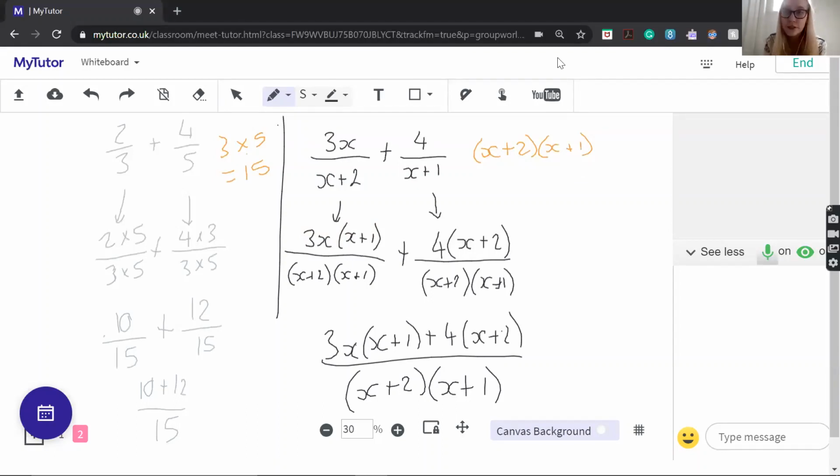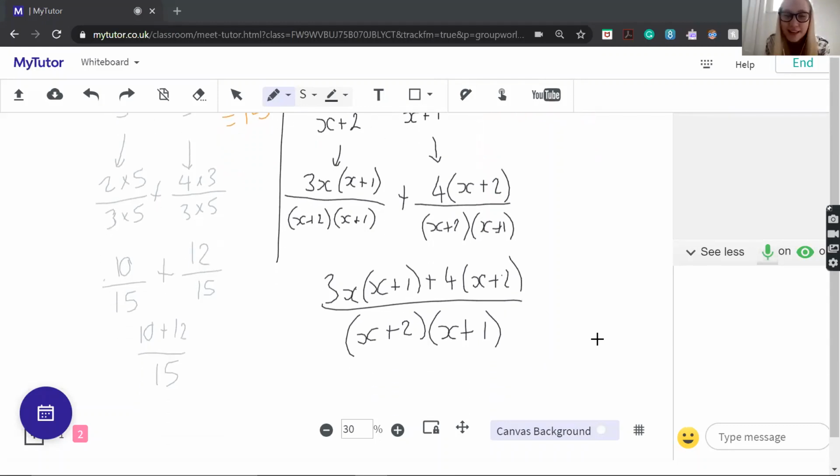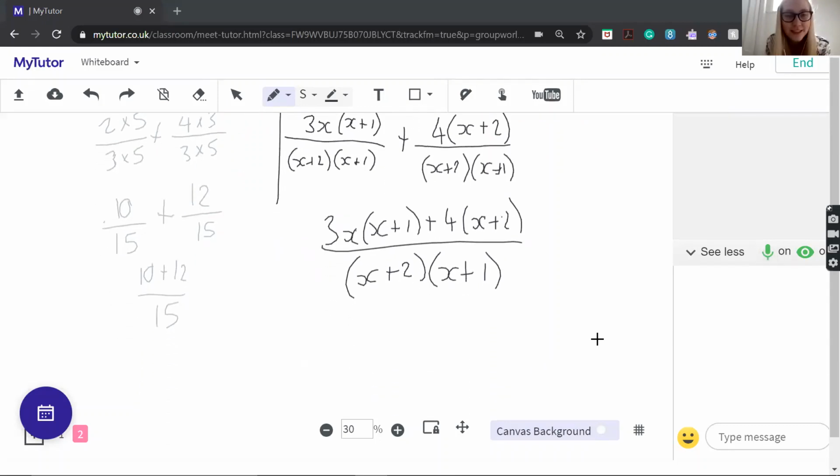All I've done is I've just, as I keep saying, I've just smushed them together. Just added those numerators together exactly like I did over here. There's no difference at all. 10 plus 12, 3x, x plus 1 plus 4x plus 2. I know they obviously sound very different, but it's exactly the same idea behind it. And then finally, we just want to expand and simplify this top bit.